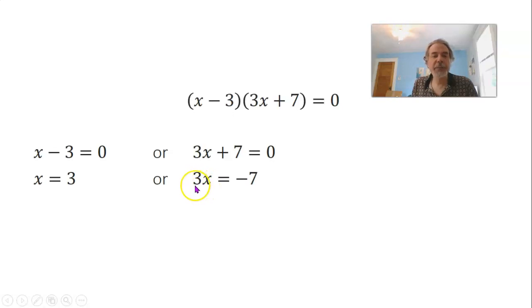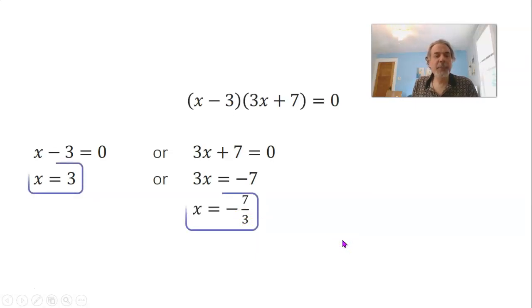I'd have to divide both sides by 3. So that gives me x equals negative 7 divided by 3, which is negative 7/3. So we ended up with two solutions, two possible numbers that x could be, 3 and negative 7/3.